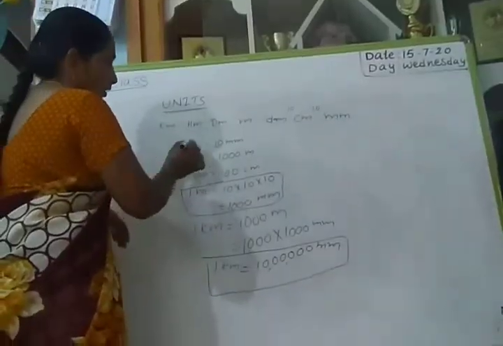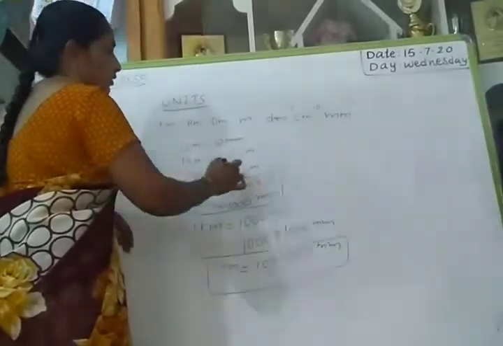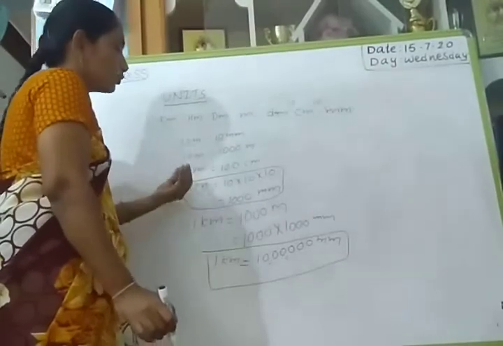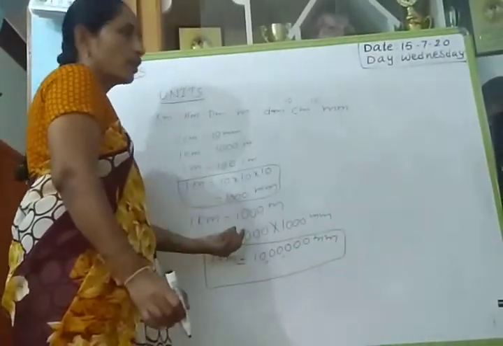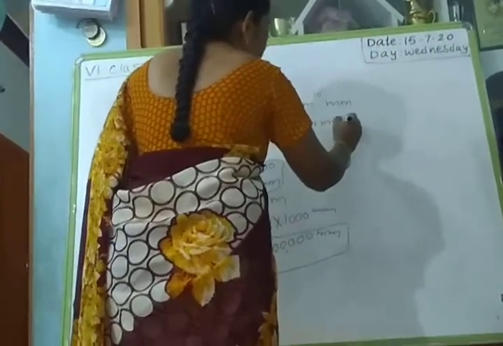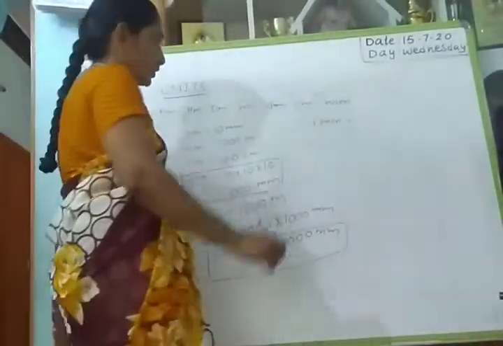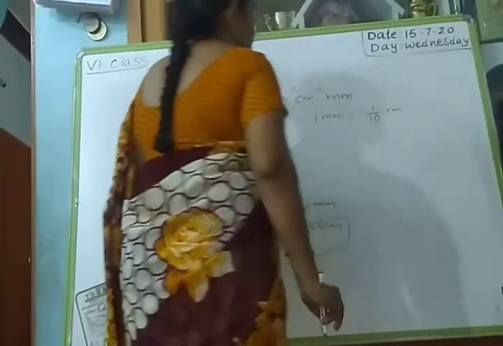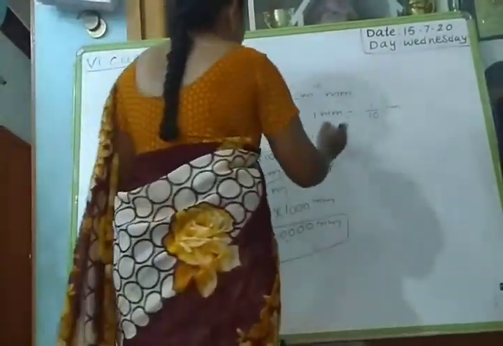Here these are bigger units written in smaller units. So when we convert a bigger unit into a smaller one, we have to multiply. Now the reverse. For example, 1 millimeter is equal to how many centimeters? 1 by 10 centimeters. We have to divide 1.